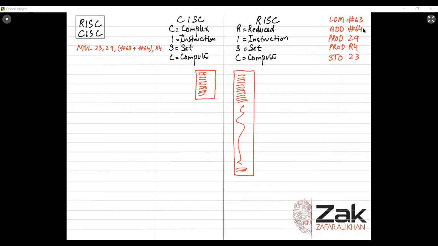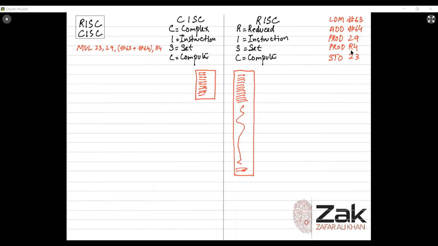Number 2, whatever the data in the accumulator, that is 63, will be added with 64, and now the data in the accumulator is the result of addition of 63 and 64. Then whatever is present at the address 29 will be multiplied by the content of the accumulator, and the result would be in the accumulator. Then the content of register 4, R4, will be multiplied with the content of the accumulator, and that will be stored in the accumulator as well.